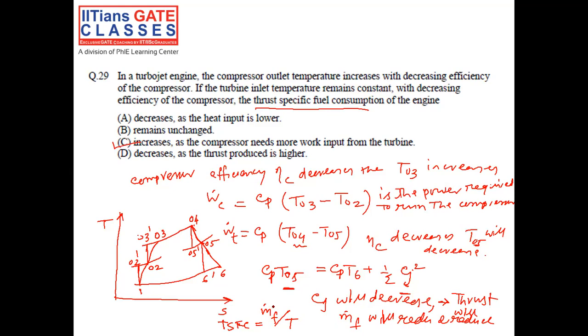So overall, we'll get increased thrust specific fuel consumption. And the reason of that is that to run the compressor we will be requiring more turbine power, which in turn leads to reduced thrust. So option C is the correct answer.